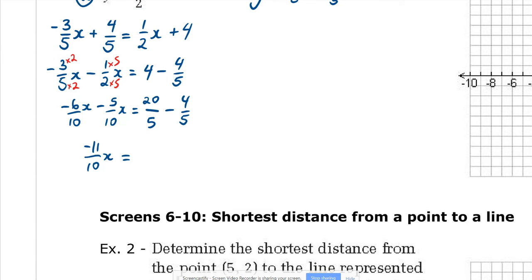And on the right side, I have 16 over 5. And now to solve for x, if I multiply both sides of the equation by 10, I would have negative 11x equals 32. And if I divide both sides by negative 11, my final result for x would be x equals negative 32 over 11. And you leave it as a fraction. And that's already in its lowest terms.